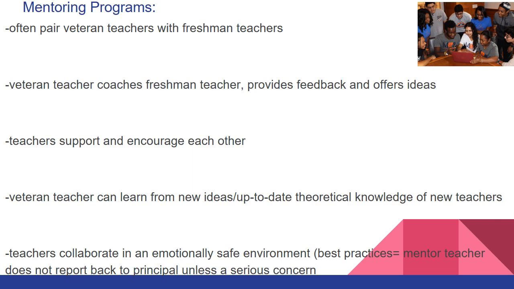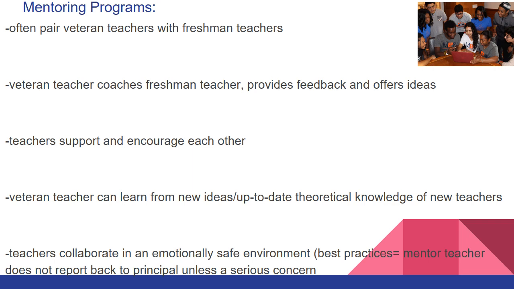What research shows to be most effective is when teachers can collaborate in an emotionally safe environment. So in the ideal mentorship program, the mentor teacher would not report back to the principal unless the mentor teacher felt that there was a serious concern in terms of student safety or maybe even academic achievement.